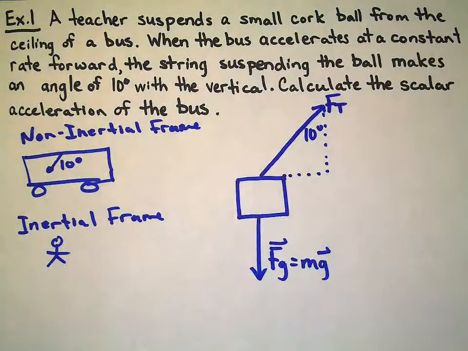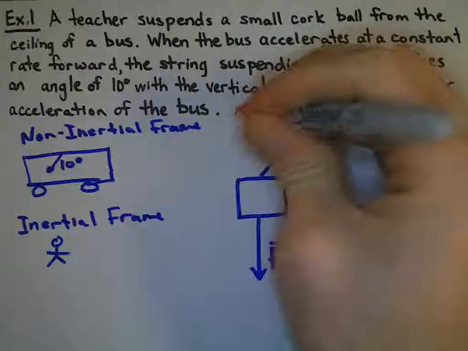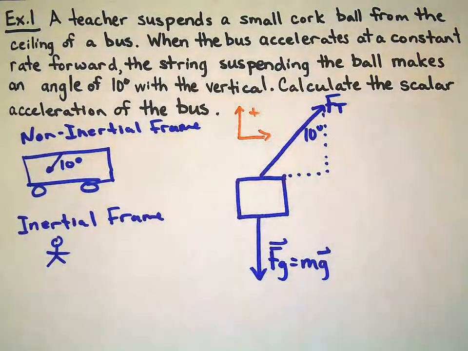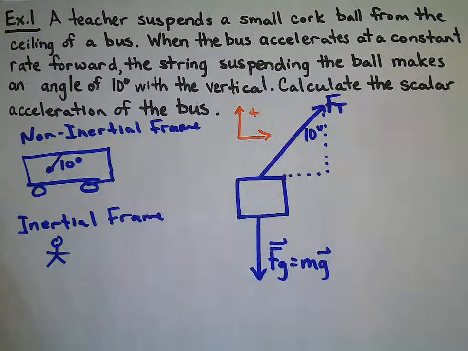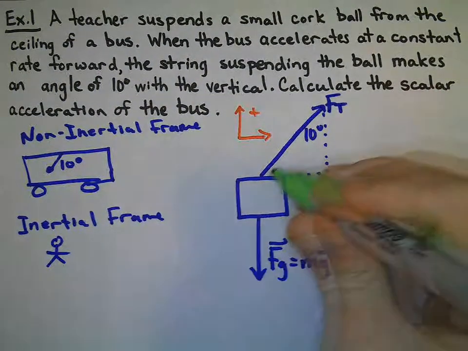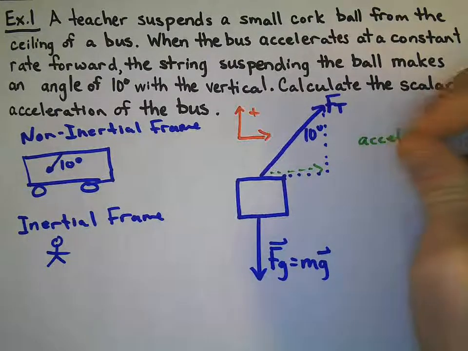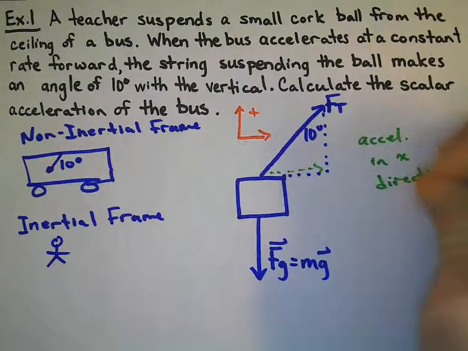And we notice in this case we can call upwards and to the right our positive direction. And we will see right now that the only motion, the acceleration, is in the x direction. So that will come in handy when we go to solve this problem.